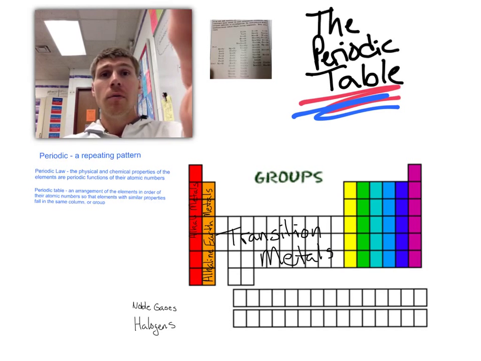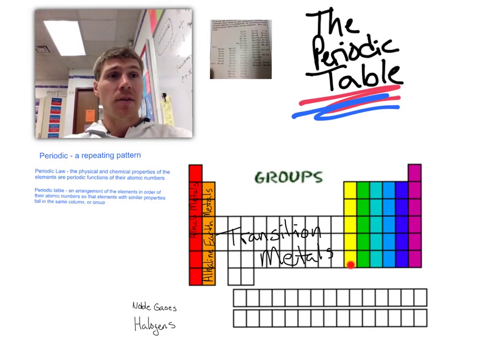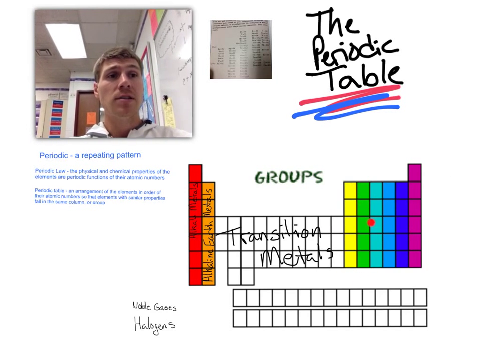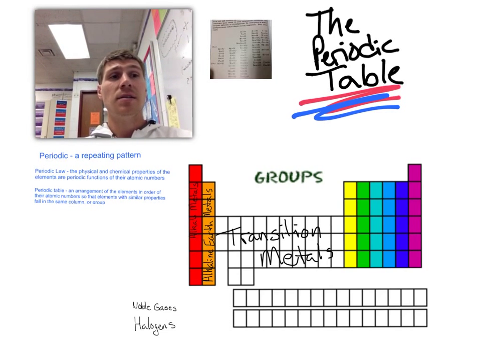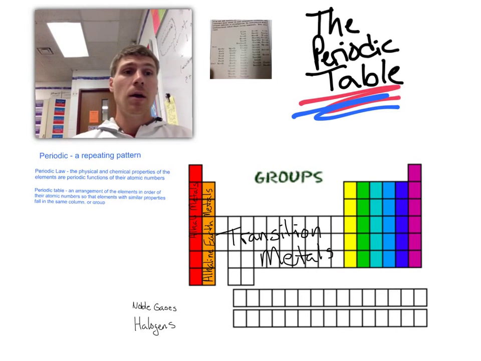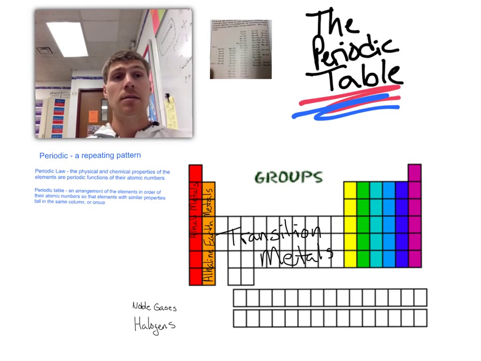What we're going to do next is skip this yellow column, green column, light blue column, sky blue column, and get to this dark blue column right here. The reason we're skipping these other 4 columns, guys, is these are where our metalloids are located. They do have similar properties as we go up and down a group, but because some are metalloids and some are gases and non-metals and some are metals, we're going to skip those.